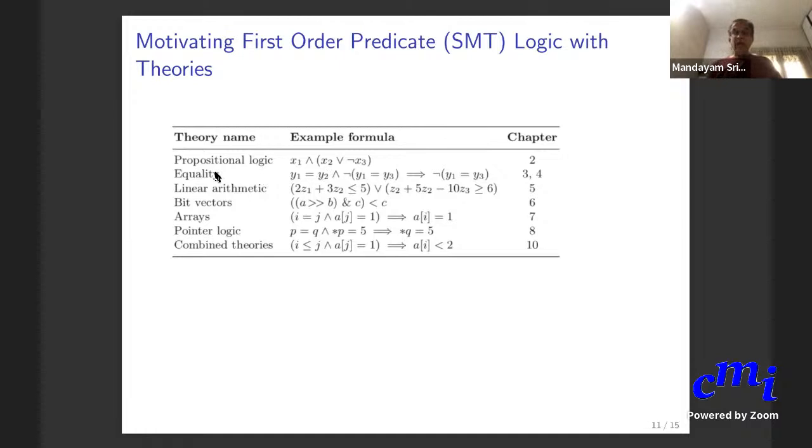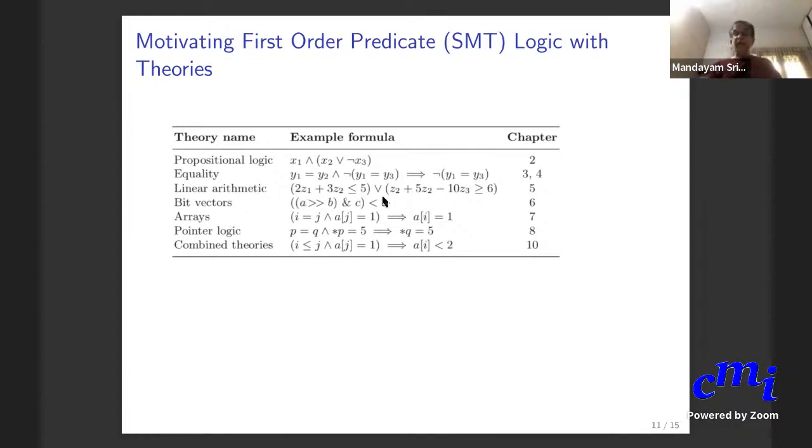So propositional logic has just the logical connectives. You can add equality over arbitrary domains to it. That gives another theory of equalities, which satisfy the constraints of reflexivity, symmetry, and transitivity. Or you can have linear arithmetic of the kind that I just introduced, when the variables range over arithmetic theories like reals, integers and natural numbers.